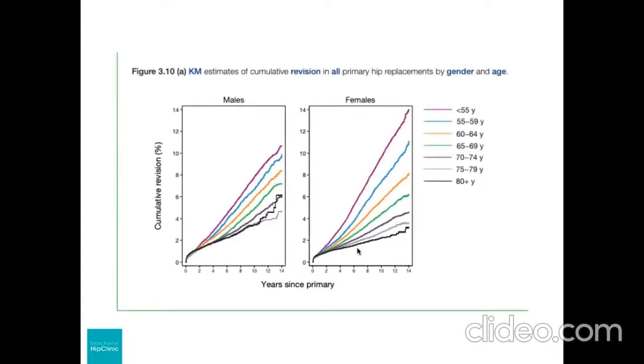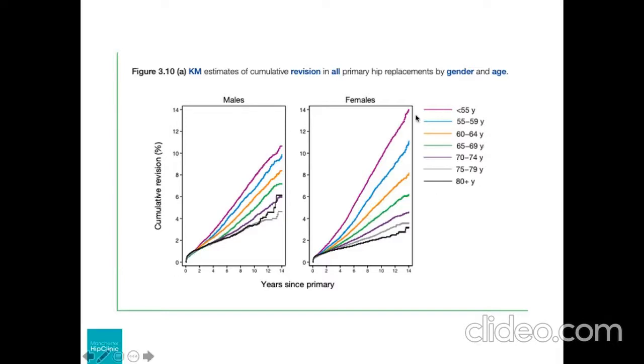From my point of view, this graph looks a bit complicated, but actually what it shows is how long you can expect your hip replacement to last, depending on whether you're male or female and how old you are. So if you look at the graph on the left-hand side, if you're male and you're under 55, then after 14 years, there's at least a 10% risk that that hip replacement will have failed and you'll have had a revision.